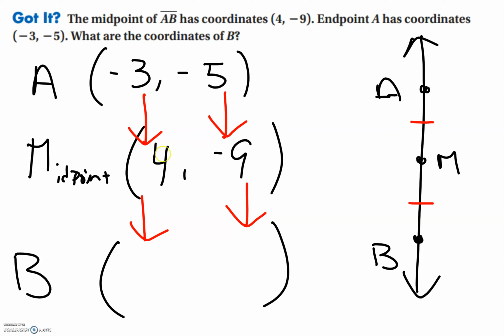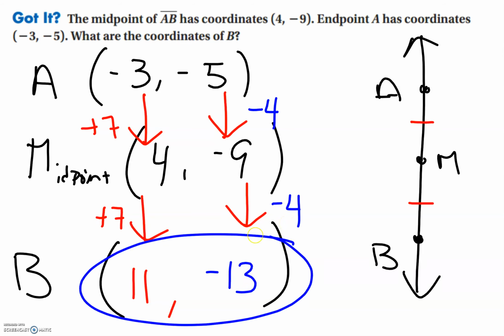If I go from negative 3 to 4, we added 7. Negative 3 plus 7 is 4. I'm going to do that again: 4 plus 7 is 11. So there's your x coordinate. Now we'll do it for y. To get from negative 5 to negative 9, you subtract 4. Then we do it again: negative 9 plus negative 4 is negative 13. And here's your answer. So instead of doing the whole big formula, we can just solve it like this.